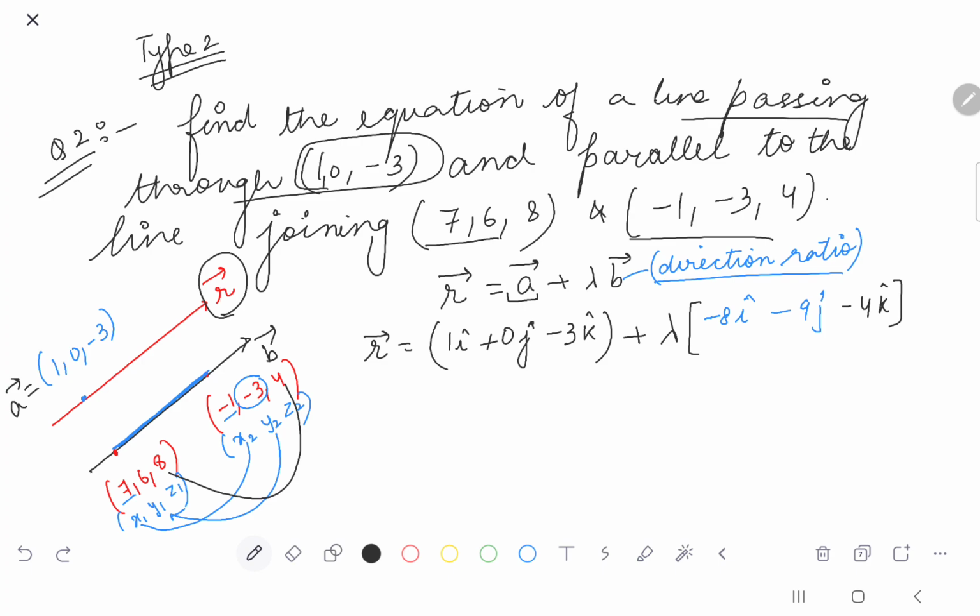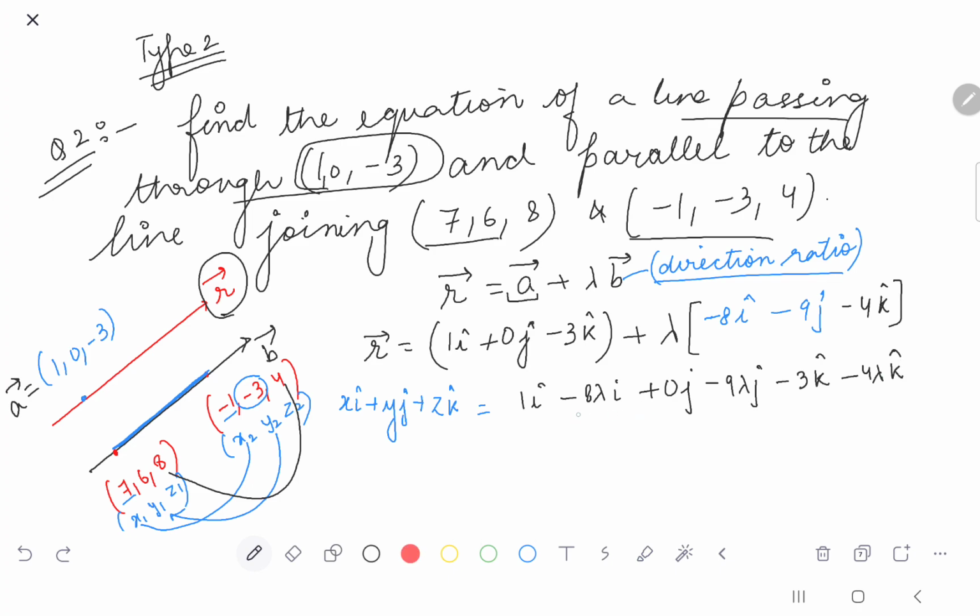Are you understanding my point? Yes, ma'am. And to convert this into the Cartesian form, what would you do? You will take r as x i cap plus y j cap plus z k cap. And that is going to be 1 i cap minus 8 lambda i cap plus 0 j cap minus 9 lambda j cap minus 3 k cap minus 4 lambda k cap.